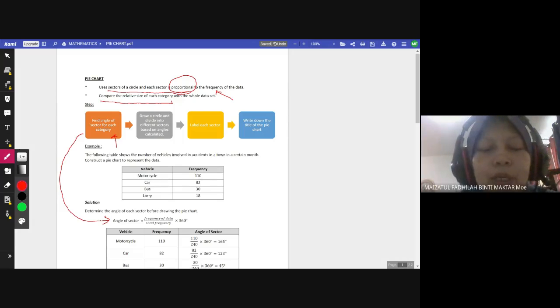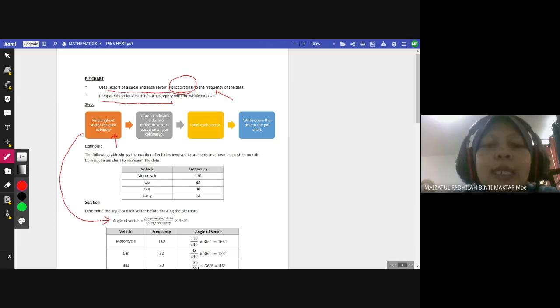Alright, so the formula is frequency of data over total frequency times 360. Right? It looks similar to what you learned in the angle at the centre of a circle topic. Okay? Alright, then draw a circle and divide it into different sectors based on the angles calculated.